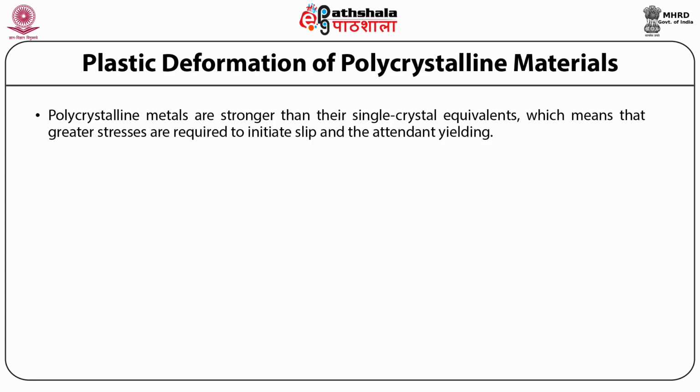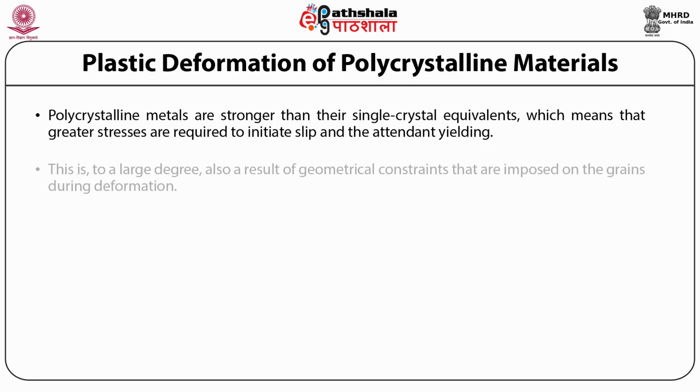Polycrystalline metals are stronger than their single crystal equivalents, which means that greater stresses are required to initiate slip and the attendant yielding. This is to a large degree also a result of geometrical constraints that are imposed on the grains during deformation.